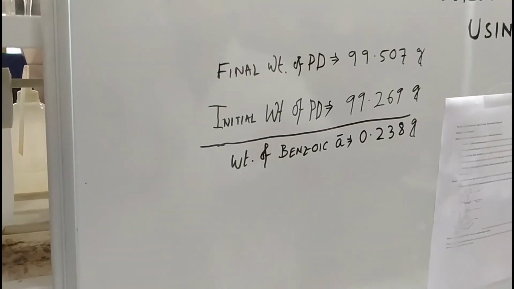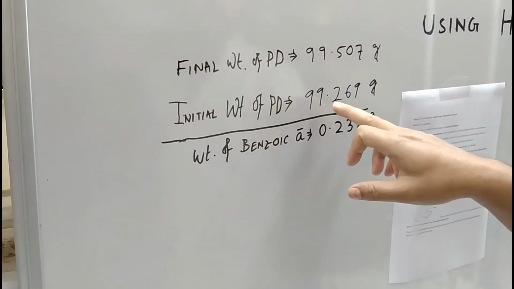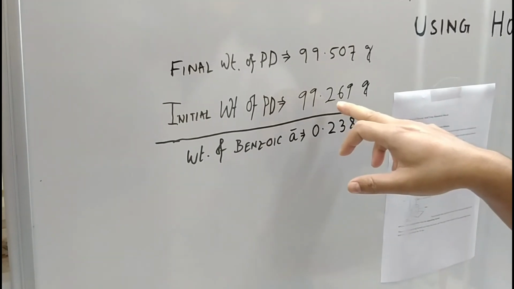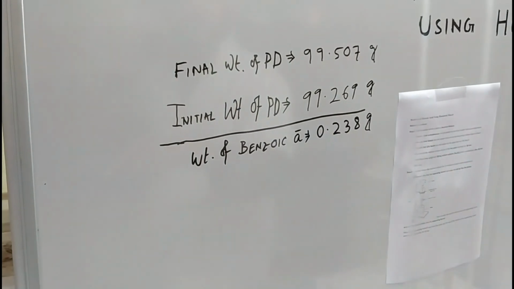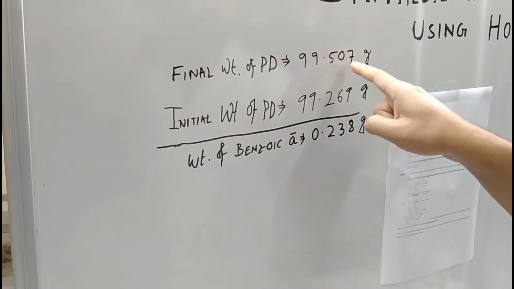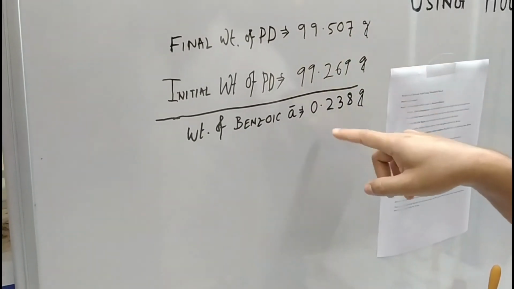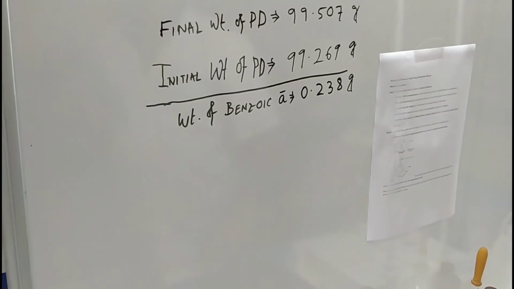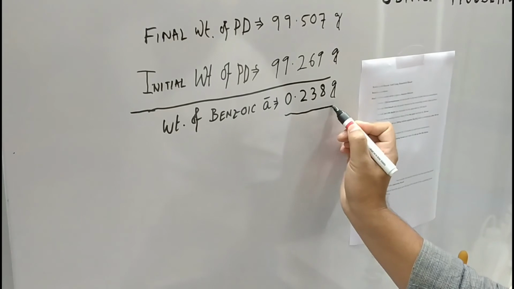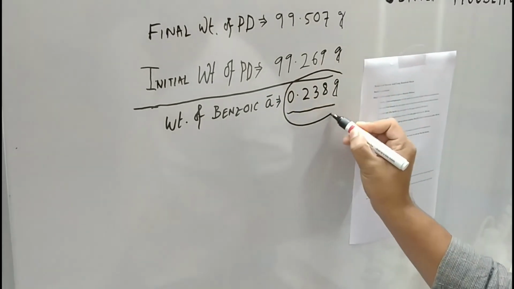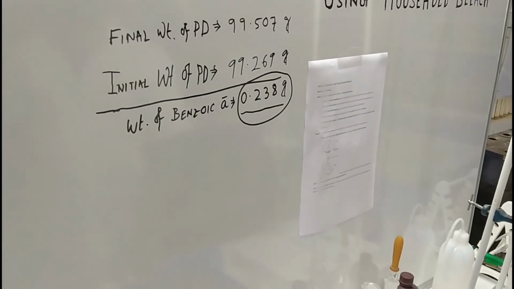The initial weight of the petri dish that we measured was 99.269. Now the final weight including benzoic acid is 99.507 gram. So the weight of the benzoic acid is the difference of these two, which is 0.238 gram. So this much benzoic acid we got from this preparation.